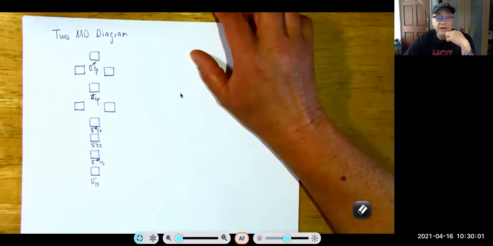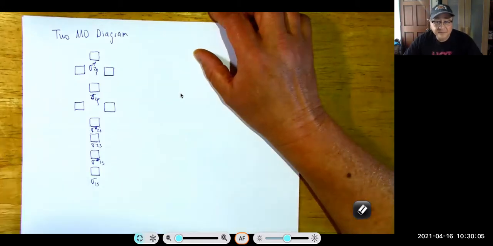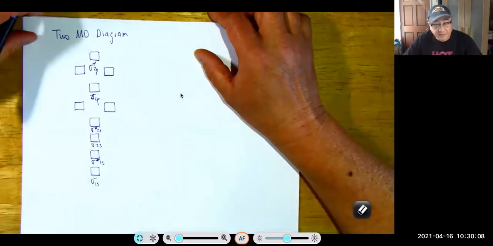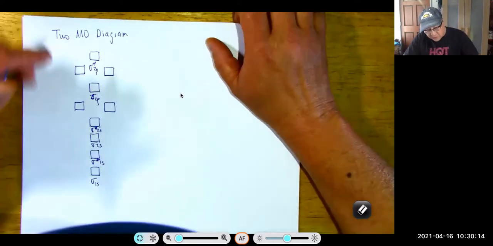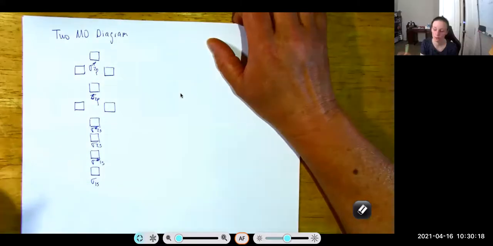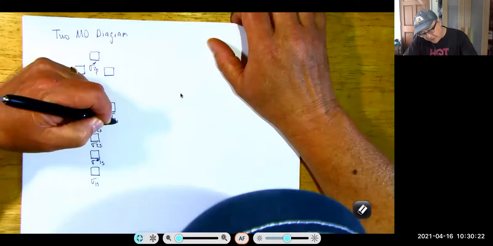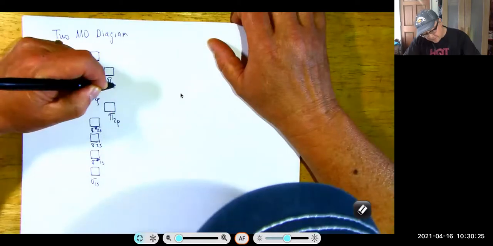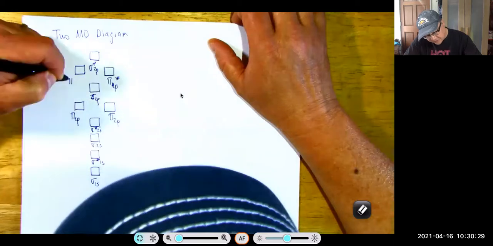So for every 2, you got a bonding and an anti-bonding. And it goes 1s, 2s, 2p, just like the order of the subshells, right? Now, if those are all sigmas, where are the pi's? The outer ones. Right, so this is a pi 2p and this is a pi 2p star. And also a pi 2p and a pi 2p star.